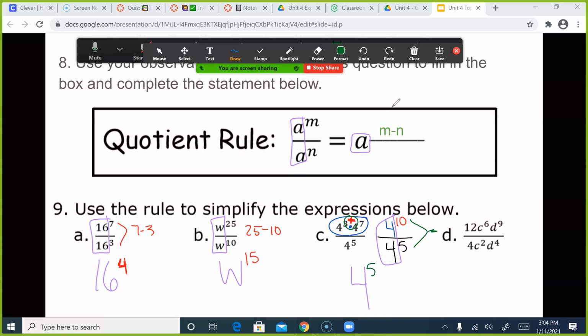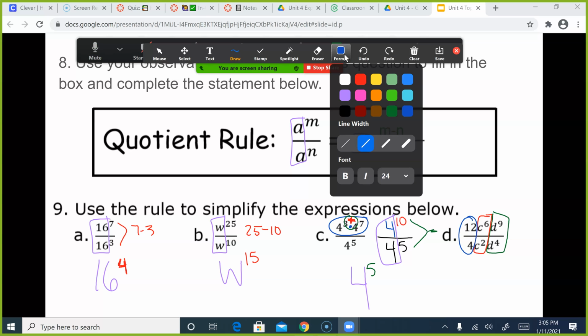That's considered work. Okay, so now over here for part D, we actually have multivariable ones. So again, we have to combine the ones that are the same base. So we're going to combine the D's together. We're going to combine the C's together. And we're going to combine the numbers together. So again, the numbers are not attached to the variables. They're each their own little piece.